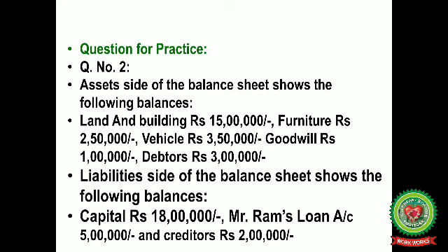So here your chapter number 7, that is journal, is ended, and further we will discuss chapter number 8, that is ledger. How to post different items in different ledger accounts, that is separating the journal into different parts.